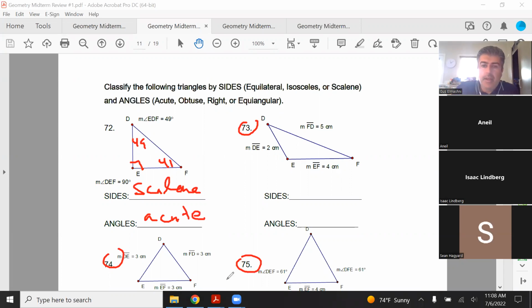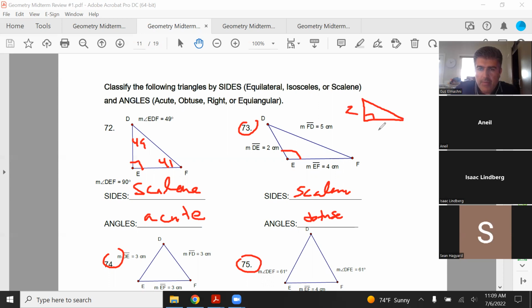Okay. Hopefully you see that this is scaling again. All sides are different. And not actually very obvious. I haven't talked about this with you guys, but that is going to be obtuse. If you do the Pythagorean theorem of 2 and 4, assuming this is a right angle, you have 2 squared plus 4 squared, which is 20.